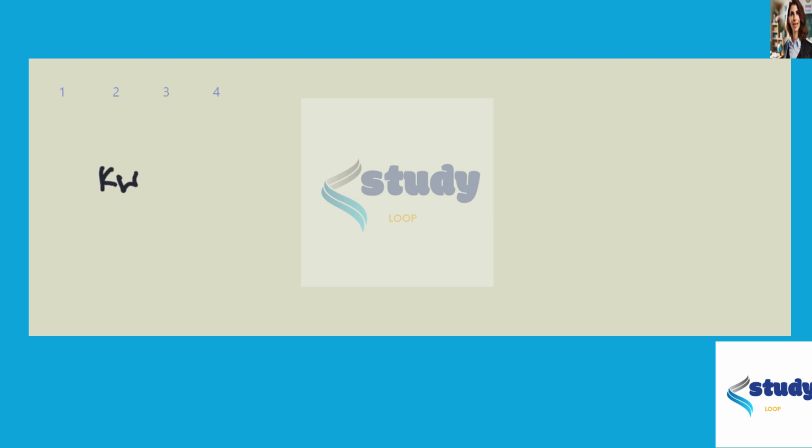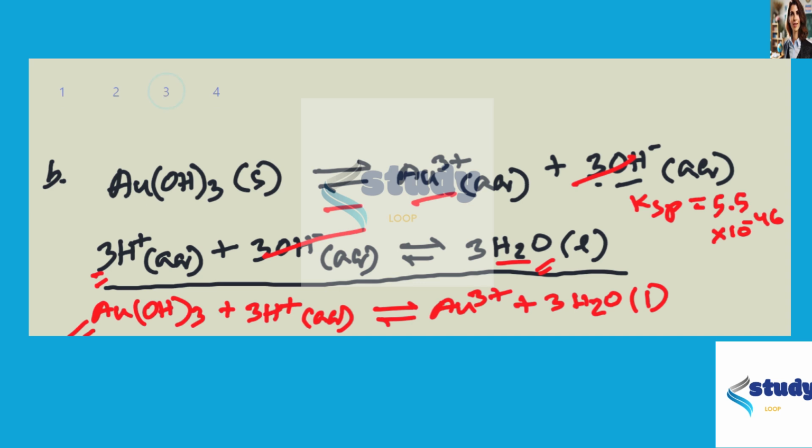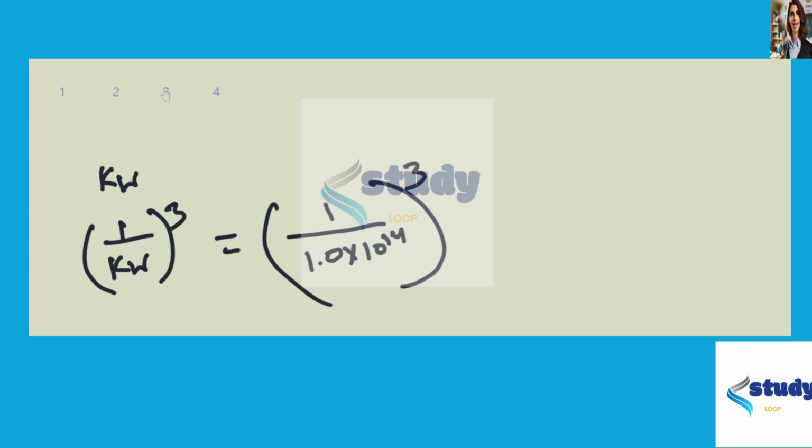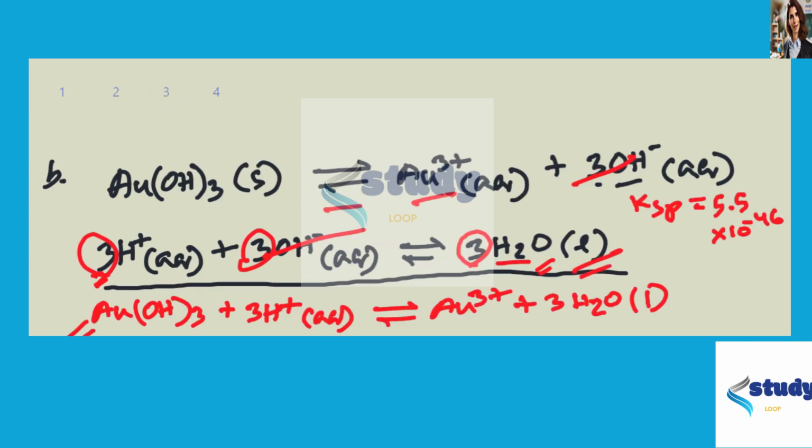So for the reverse reaction, it will be 1 by Kw. And since we are reacting 3 molecules, we'll have to put a cube over this. So this is the constant expression for this reaction.